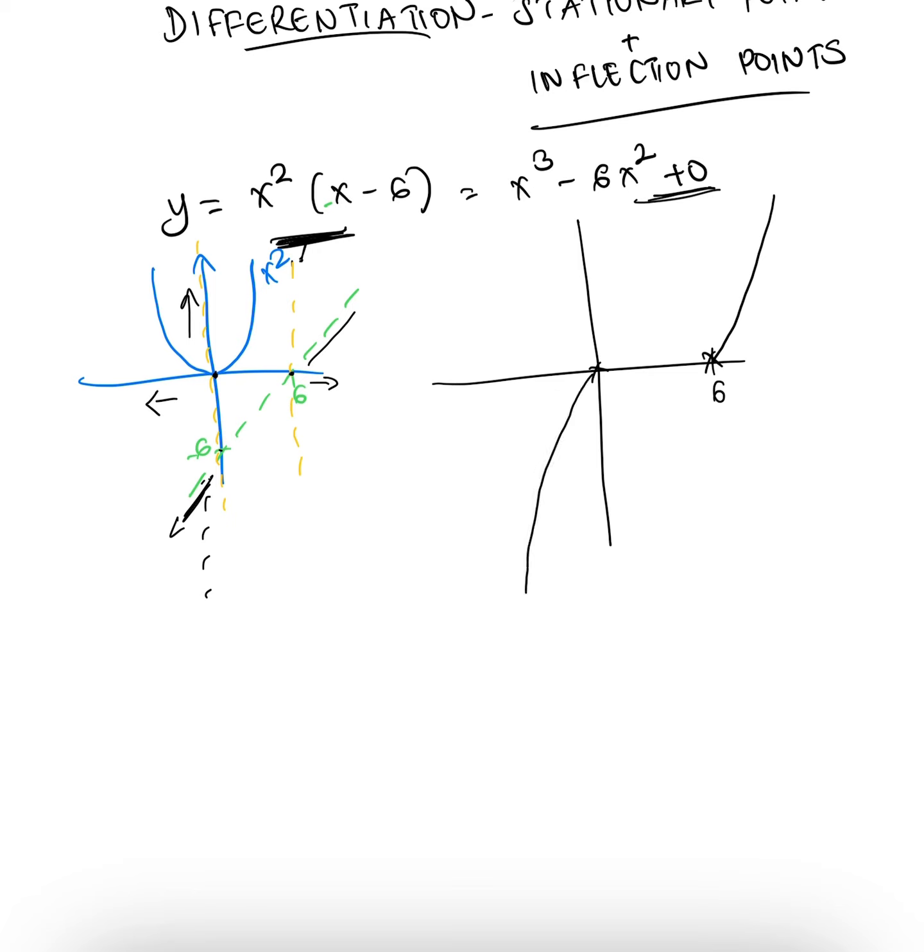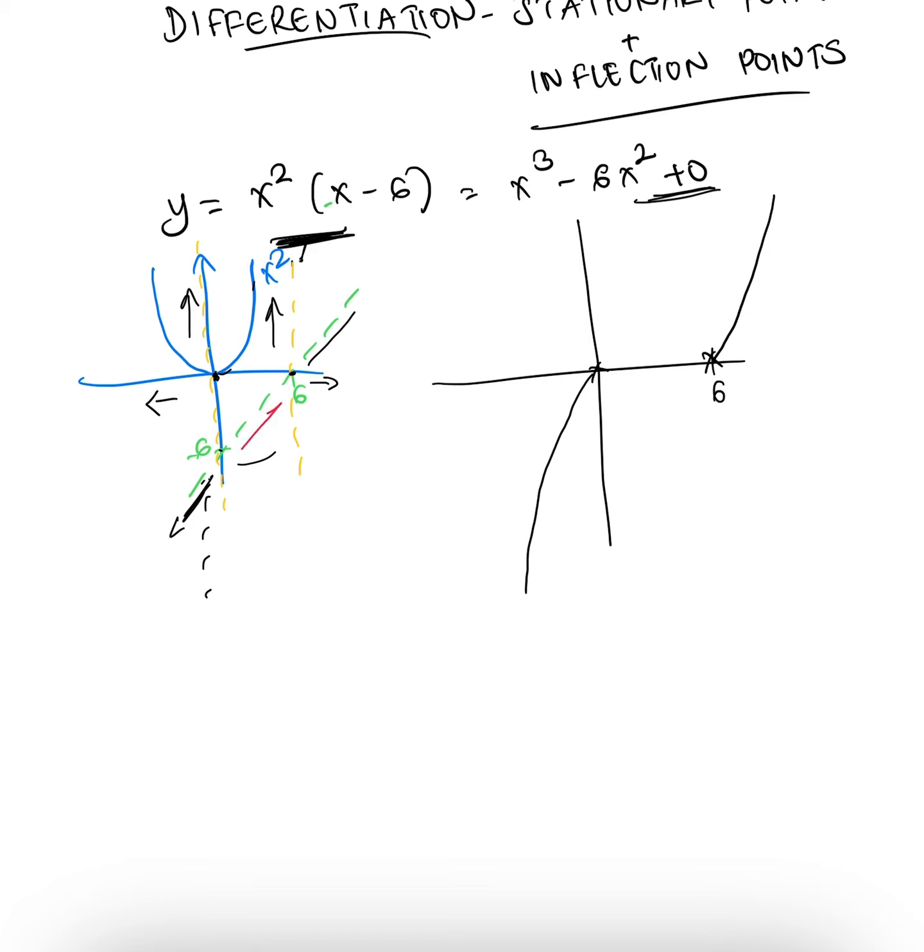Okay, so what is happening between 0 and 6? Well, between 0 and 6, x squared gives positive values of y. x minus 6 gives negative values of y. So this graph is going to be negative. And then it has to get from, you see, we've gone from 0 to 0, but we have an increasing function with regards to x minus 6.